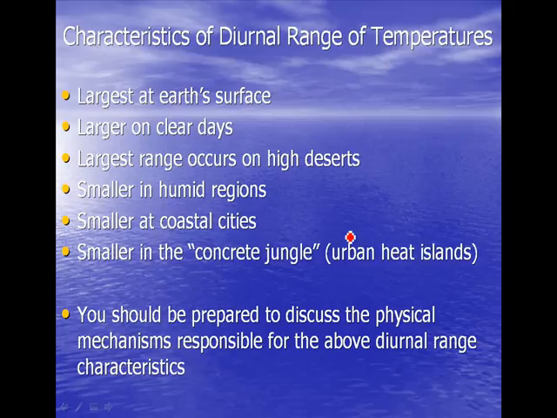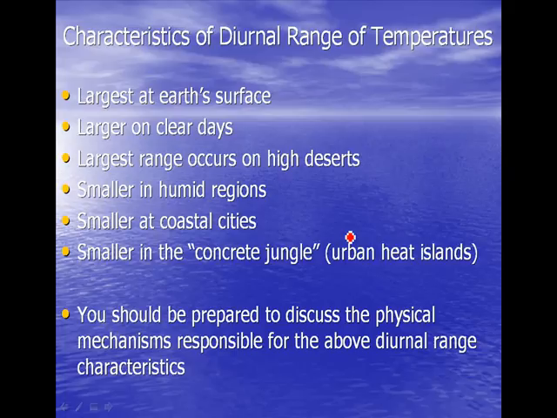In other words, that range difference in temperature is about 10 degrees. You look at Iowa, we might see a high of 90 and a low of about 65 or 70. And so we're talking about a 20 to 25 degree difference at the same time. And so obviously in the humid regions, the change in temperature is not as great.